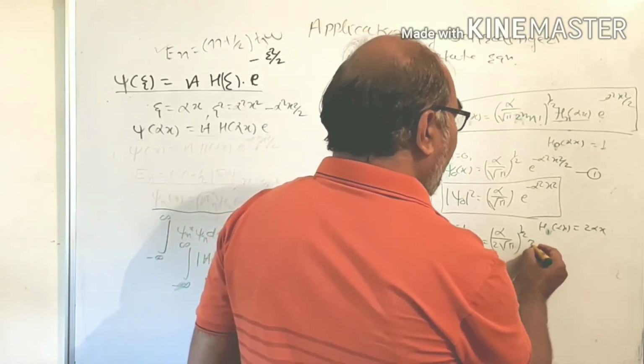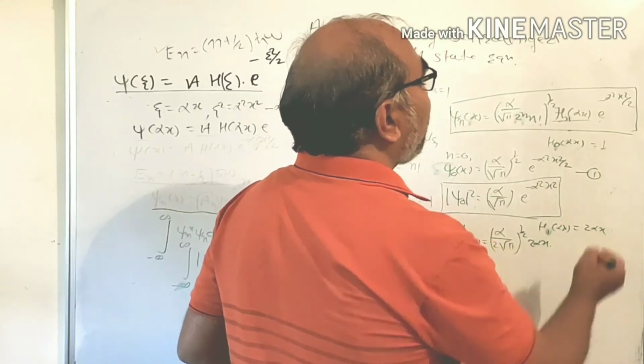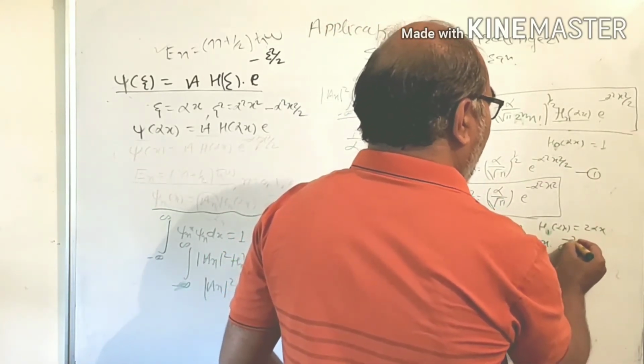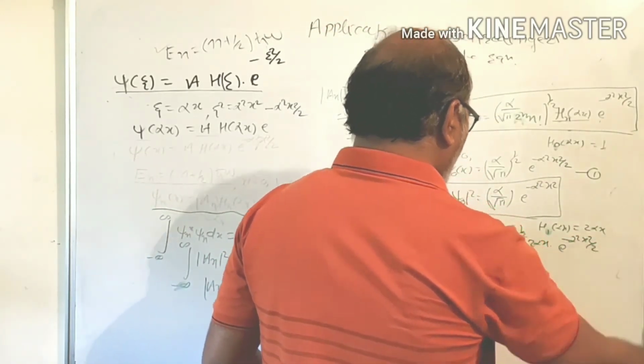So that is 2αx into e raised to minus α²x²/2.